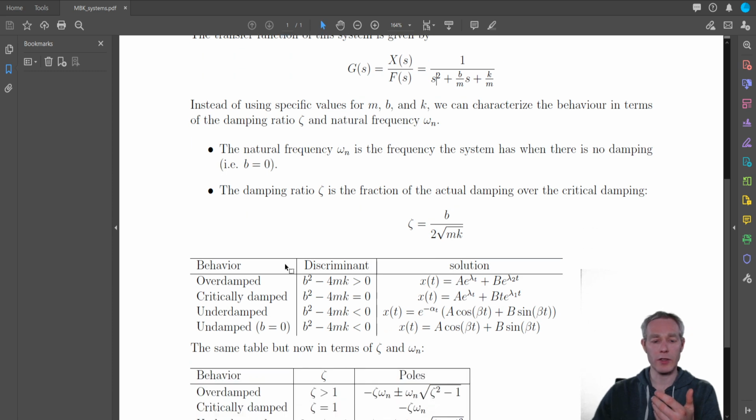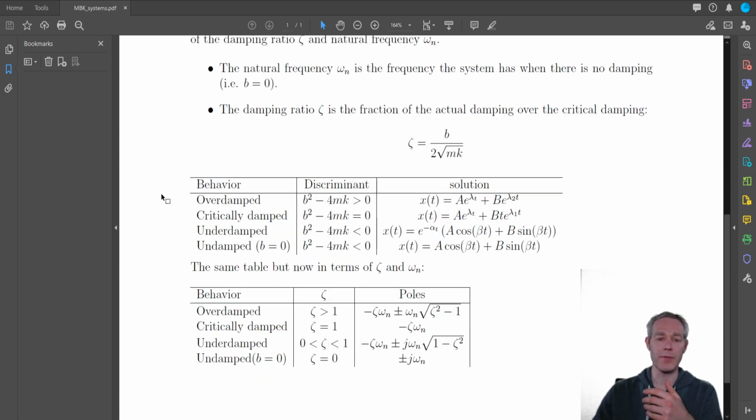Now if we look at our solutions and the different behavior characteristics we saw in engineering, mathematics and modeling, the discriminant of our second order polynomial, if we use the ABC formula, is equal to b squared minus 4mk. The value of this discriminant determines the behavior of the system.